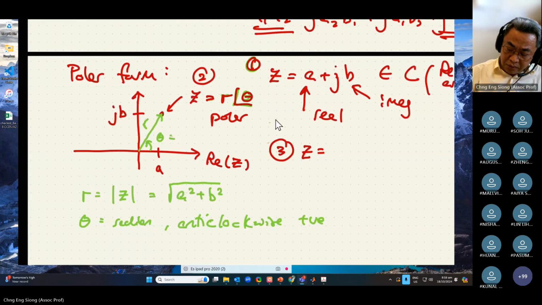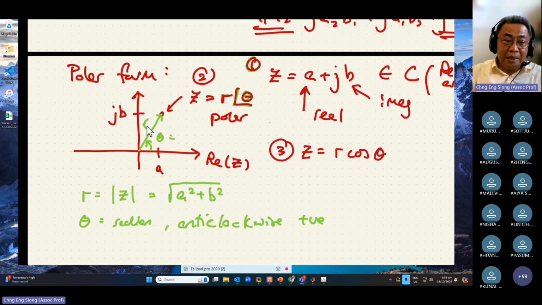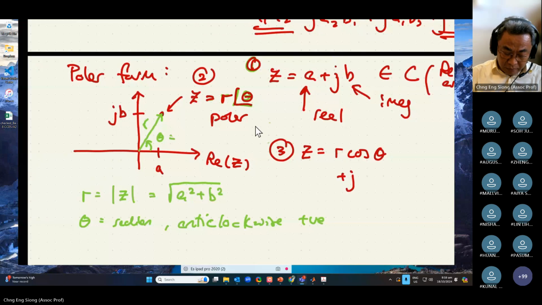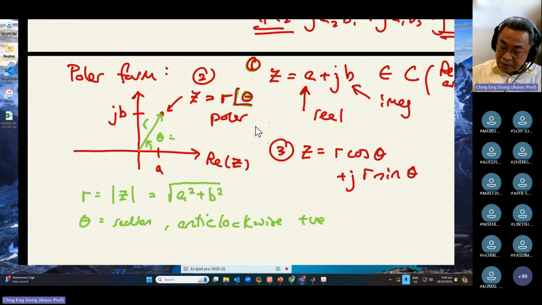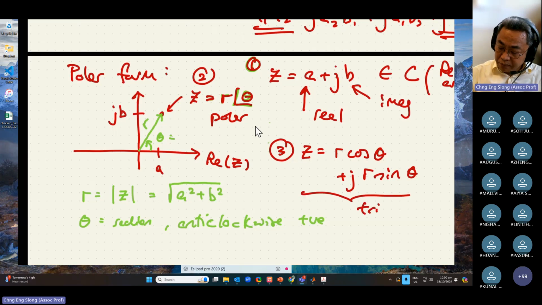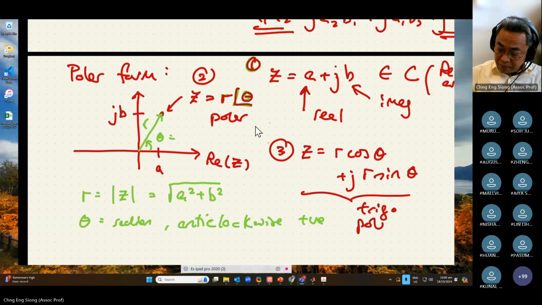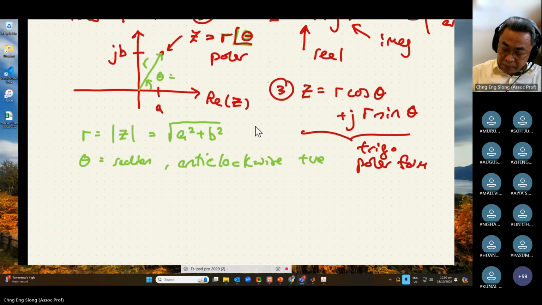So what is A, guys? A is R cos theta, right? And what is B? B is R sine theta. Okay? So this is the third form, the trigonometric polar form. There's one more form, okay, guys? Later on.